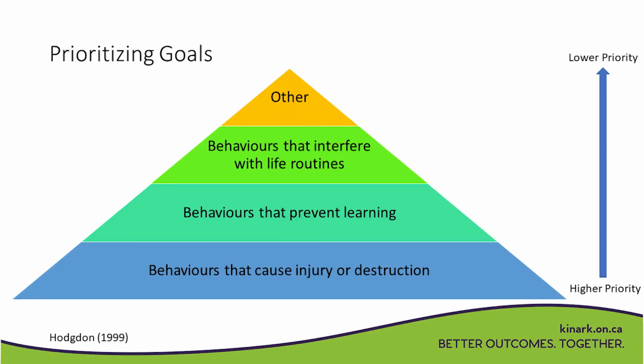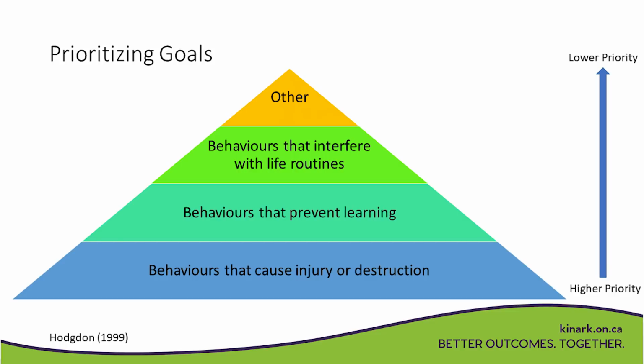As we talk about how to determine which behavior deserves attention first, and how to create an order to prioritize when additional behaviors will be addressed, think about the goals you have for your child and how you might prioritize these goals. Let's start at the bottom of the pyramid with our high priority behaviors.